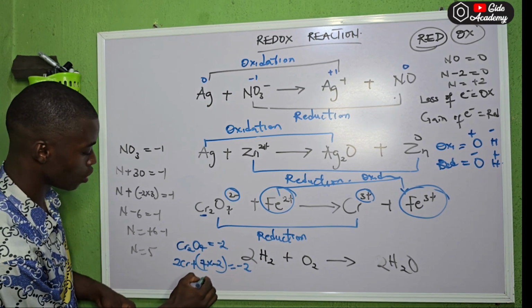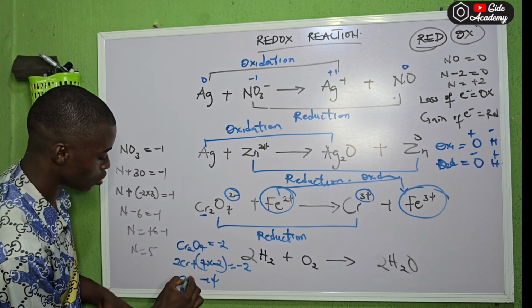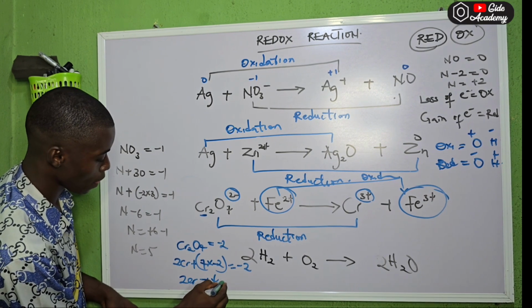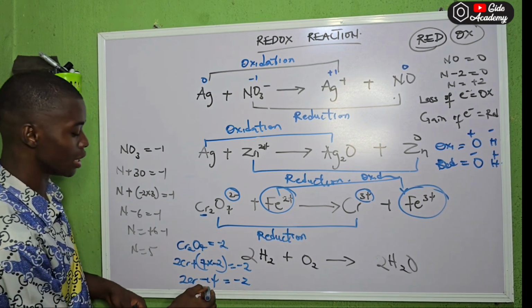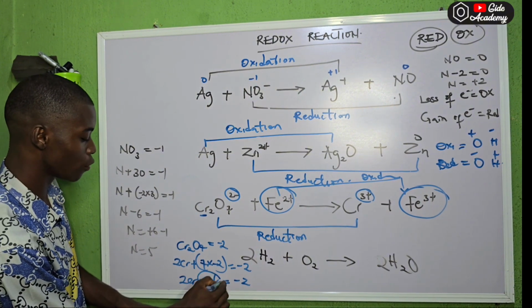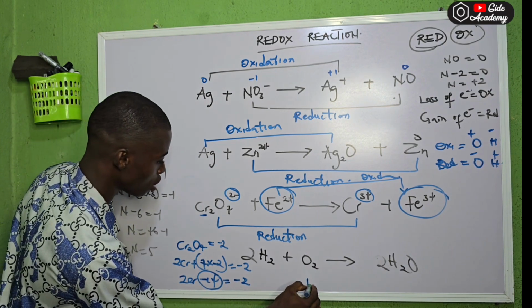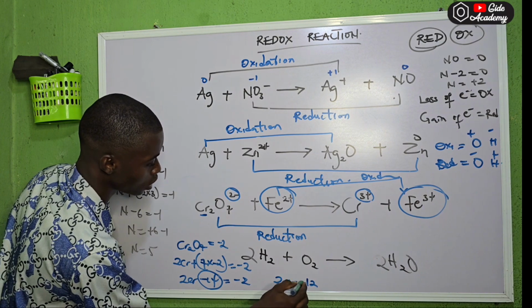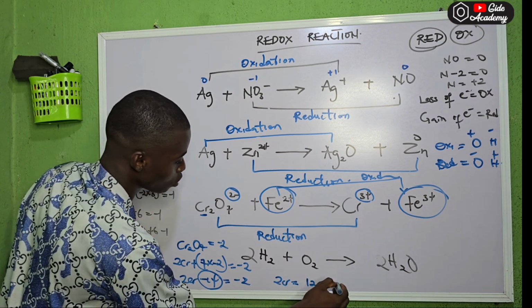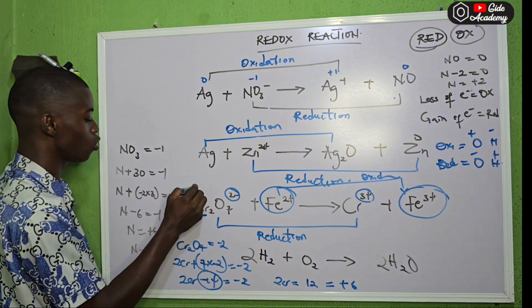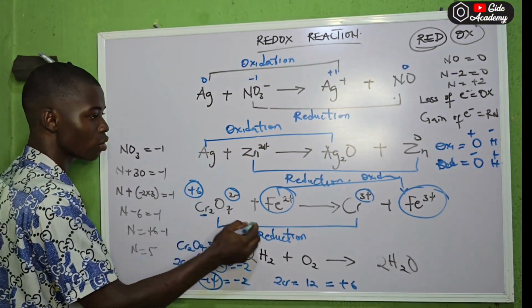So 7 times minus 2 gives us minus 14. Then here is 2Cr, so it's equal to minus 2. Then at the end, minus 2 plus 14 will give us what? 12 is equal to 2Cr. Therefore, if you divide both sides by 2, here will be what? Plus 6.